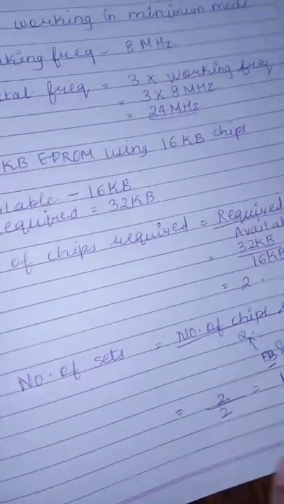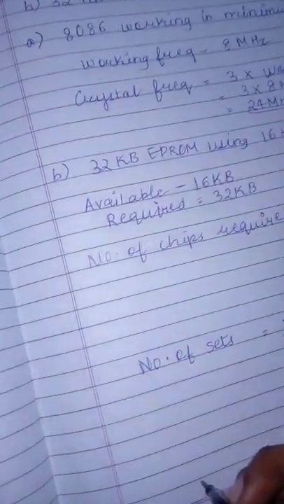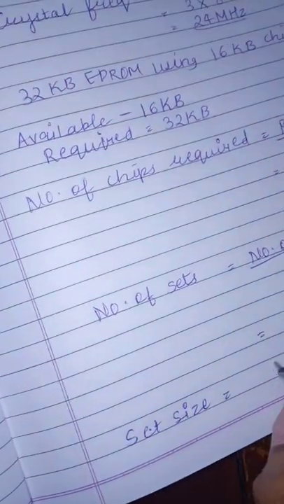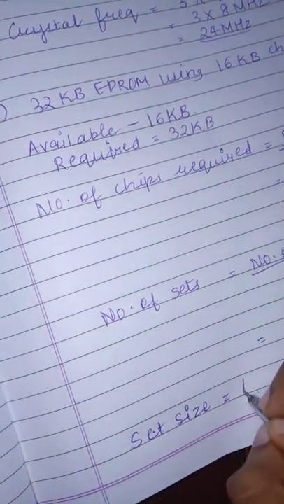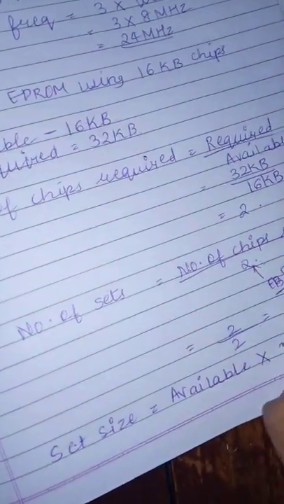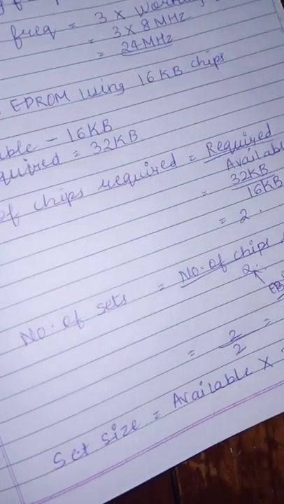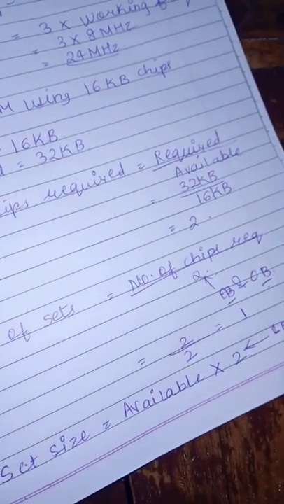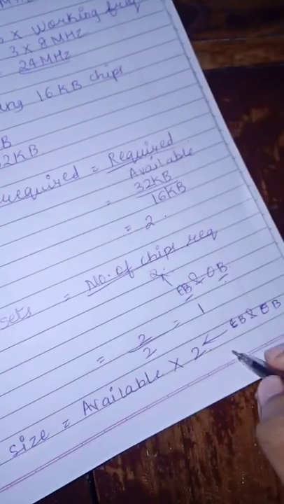Okay, now we have to find the set size. Set size will be equal to available into 2. Now this 2 is similar for even bank and odd bank, as there are two banks.